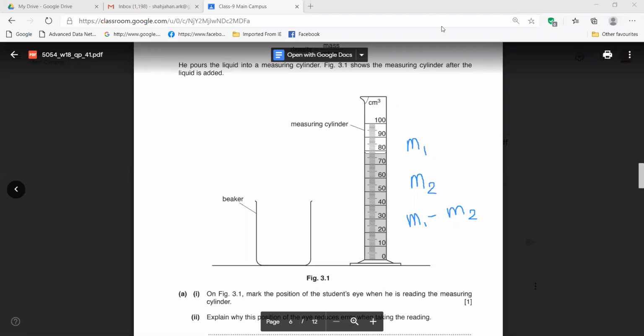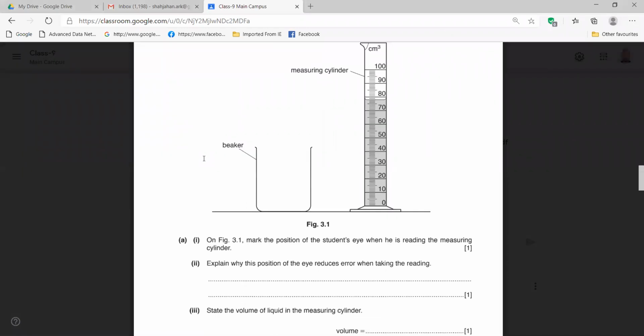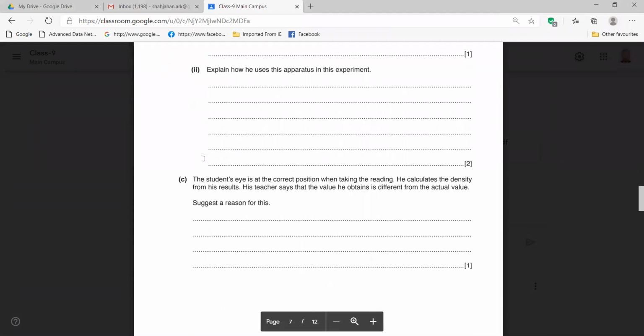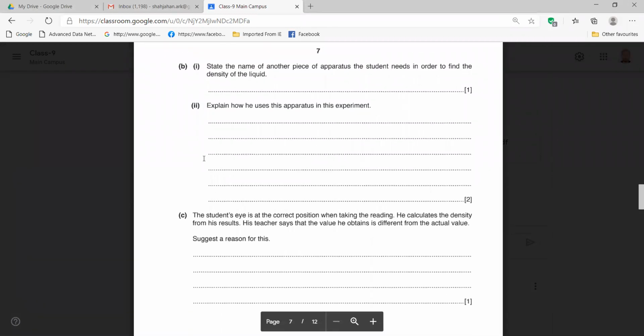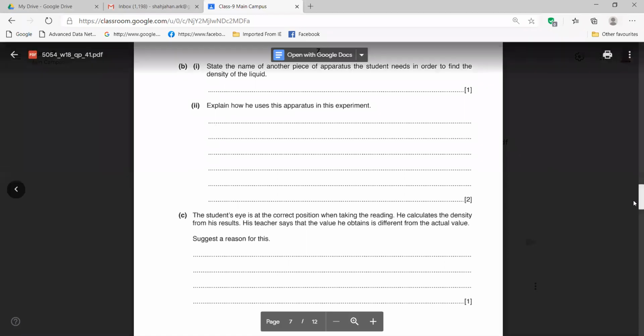If you can write, then we can go to the next part of the question. See, sir, first we measure the measuring cylinder? First, you will take the mass of the measuring cylinder with liquid. Is it clear, Mohammad Saad? Yes, sir. Because the liquid is already given in the measuring cylinder.